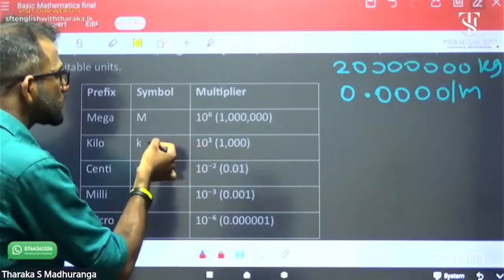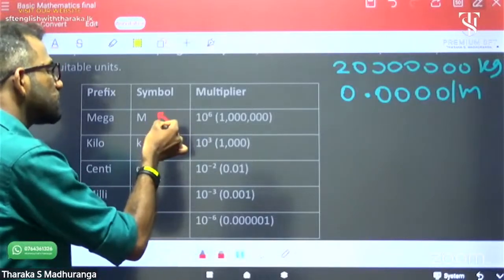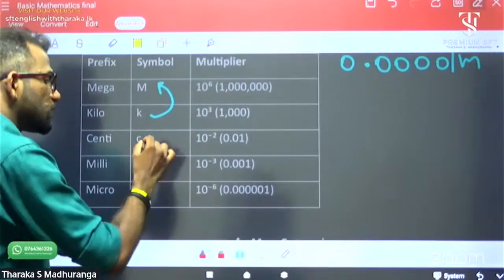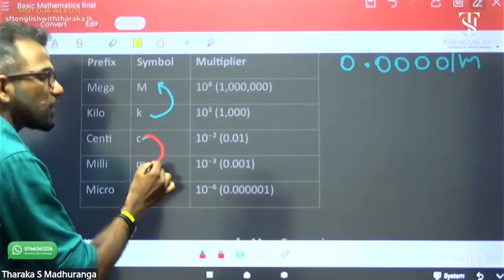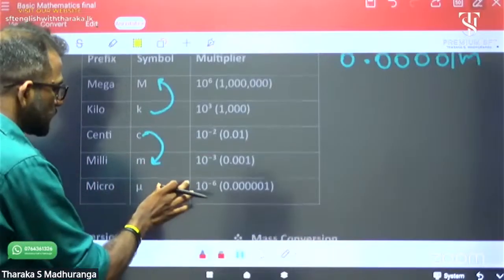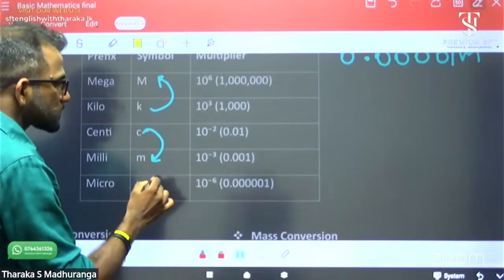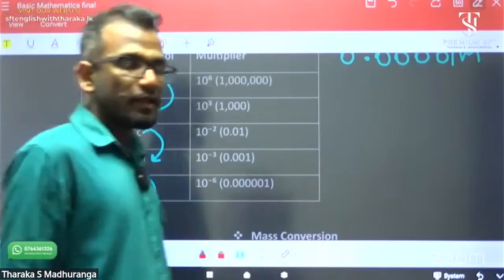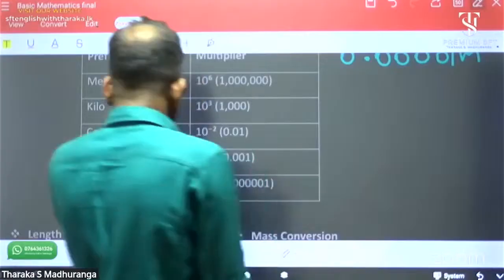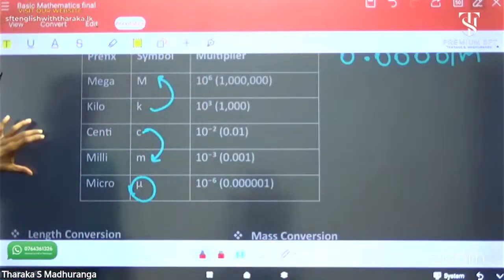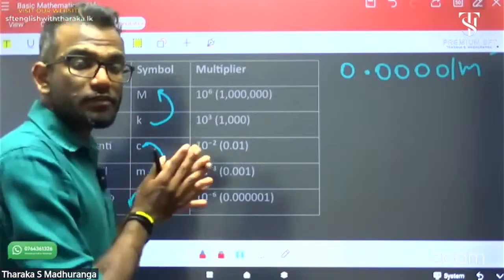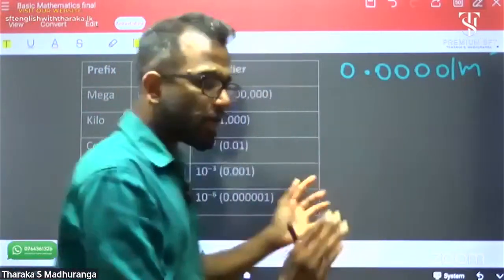If you have 100 centimeters, we call that 1 meter, right? Micro we can discuss in the microorganism lesson and the measurement lesson. We can convert into different units. One by one I will explain.